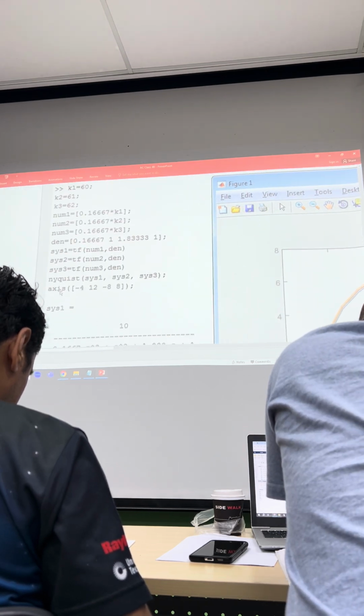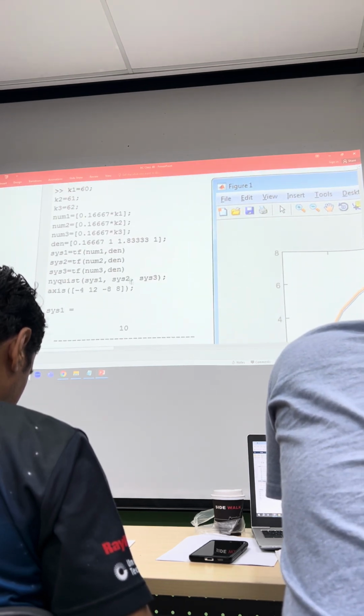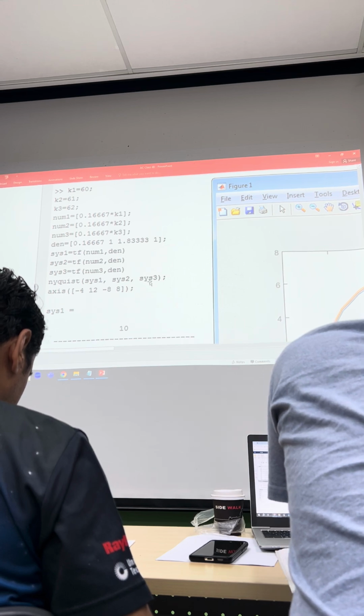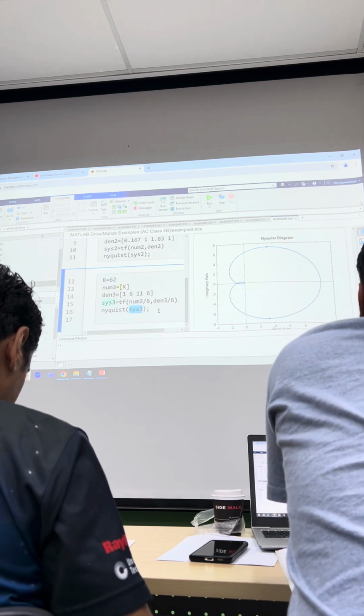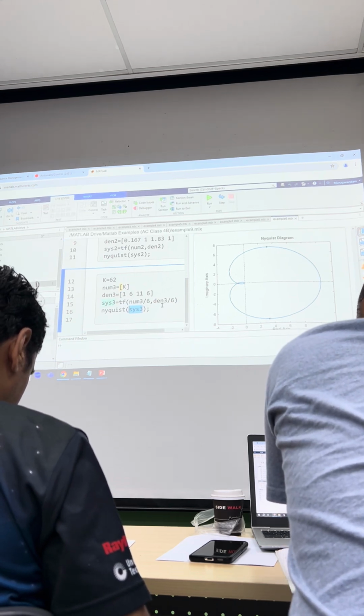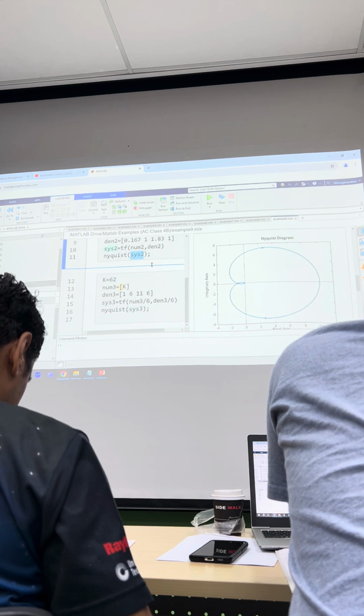So Nyquist, if you say system 1, system 2, system 3, then it will plot as one actually. But if you say Nyquist 1 only, one curve only you will get. Of course, if you already calculated, I think we can do it here.